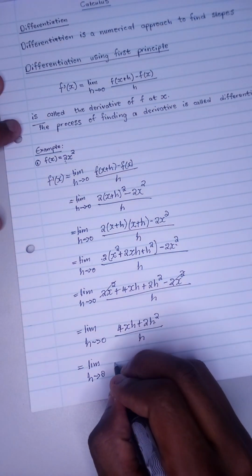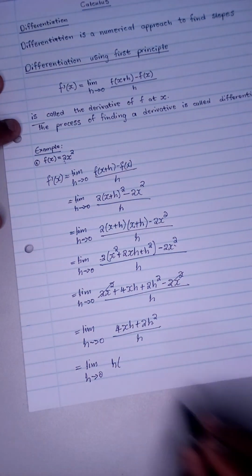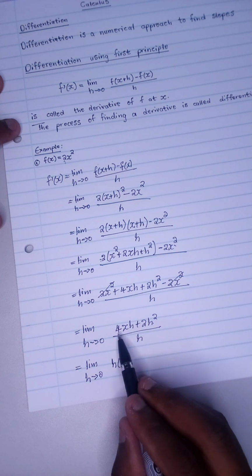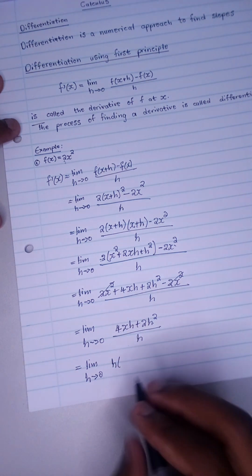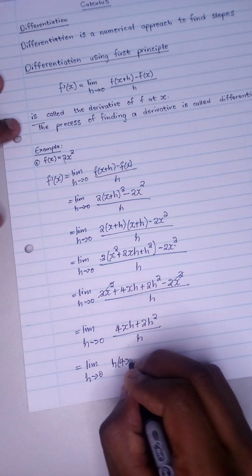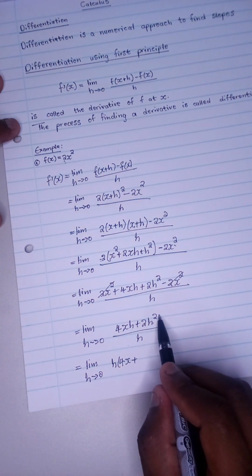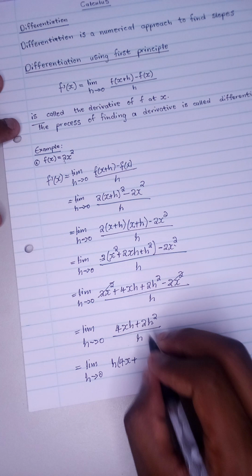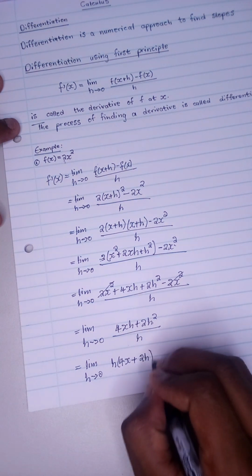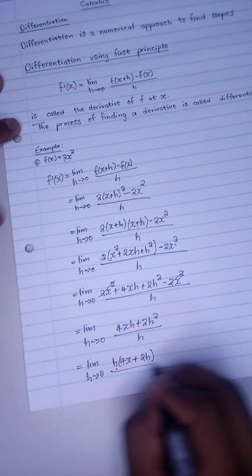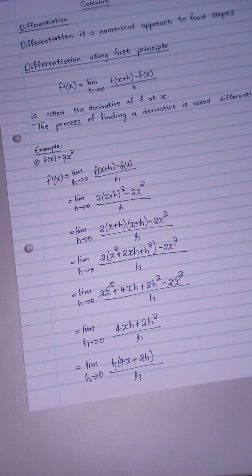So ngizobeka u-h ngaphandle, so mangikhipha u-h lana ngizosala ngo-4x, because u4xh divided by h kuzosala u4x, ngithi plus u2h squared, mangikhipha u-h oyi-1 ngizosala manje ngo-2h, then I divide by h.